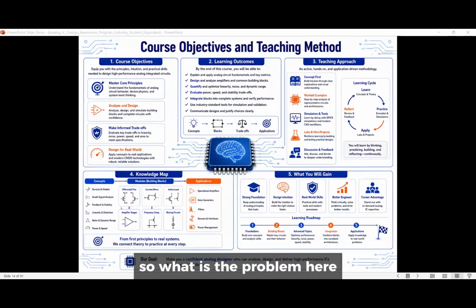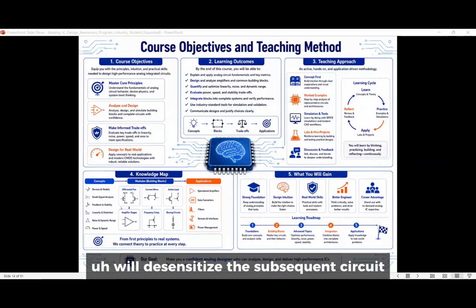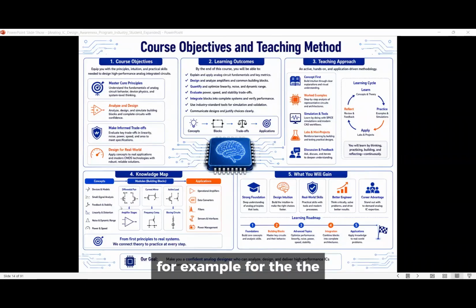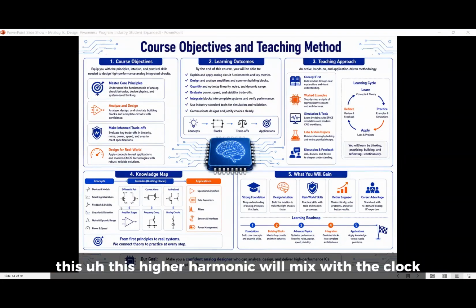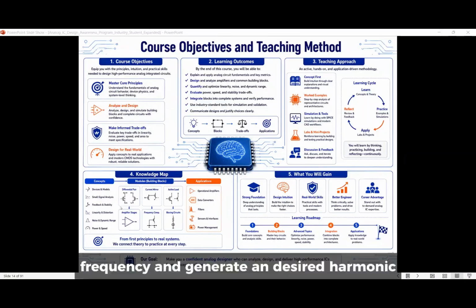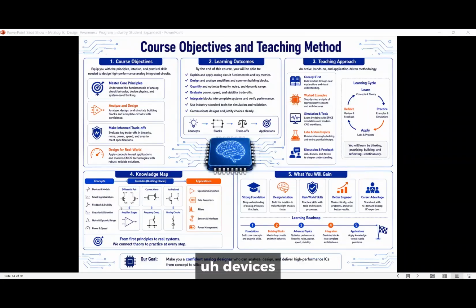So what is the problem here? The problem is it will desensitize the subsequent circuit. For example, if the next stage is a mixer or other mixing components, this higher harmonic will mix with the clock frequency and generate undesired harmonics that are amplified by the subsequent devices.